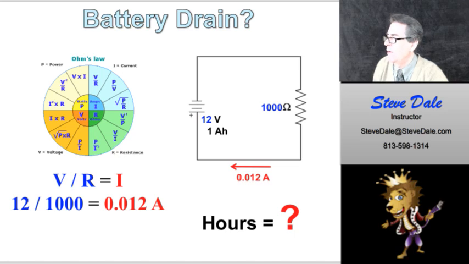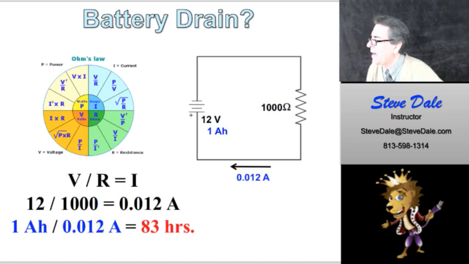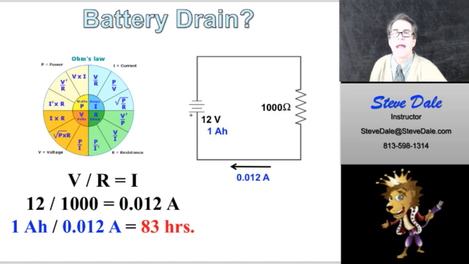So I've got a 0.012 amp drain on the battery, and the question was, how long will that battery last? I know it's going to supply 1 amp per hour, so I just divide 1 amp hour by 0.012 amps, and I get 83 hours.